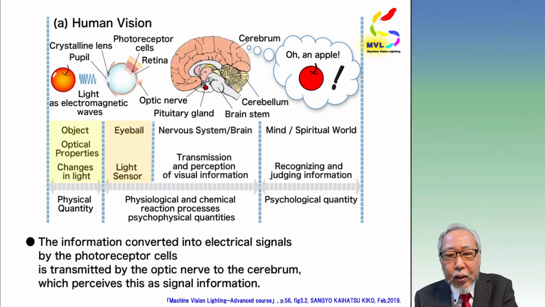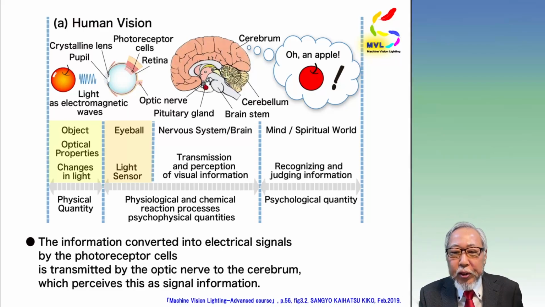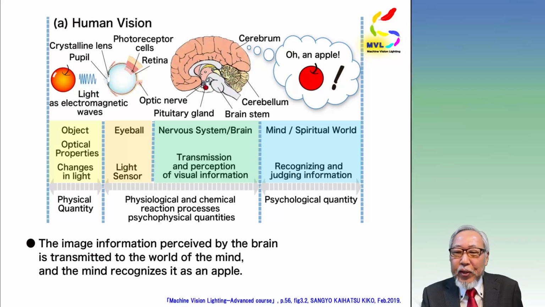Next. The information converted into electrical signals by the photoreceptor cells is transmitted by the optical nerve to the cerebrum, which perceives this as signal information, and the image information perceived by the brain is transmitted to the world of the mind, and the mind recognizes it as an apple.